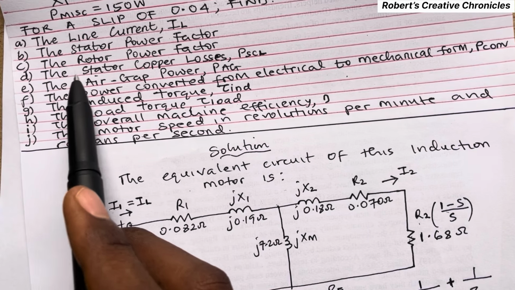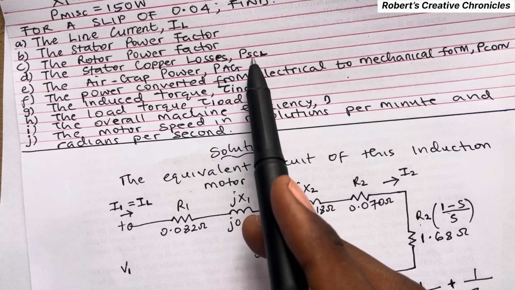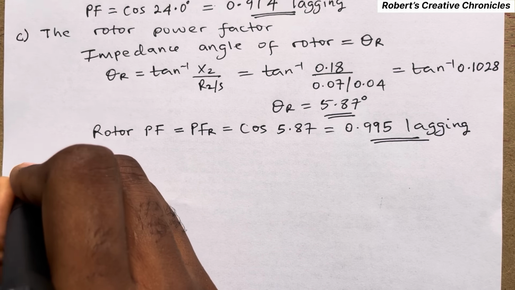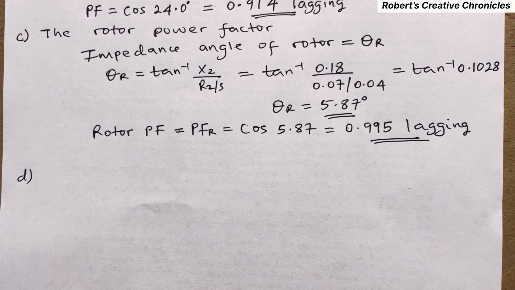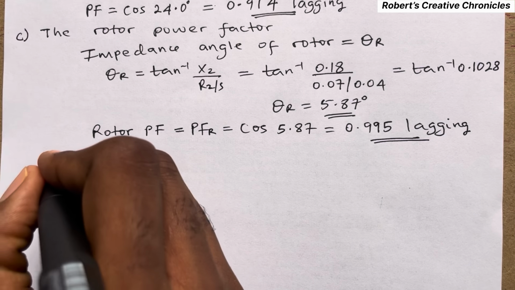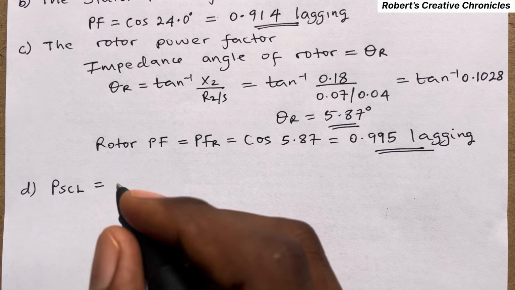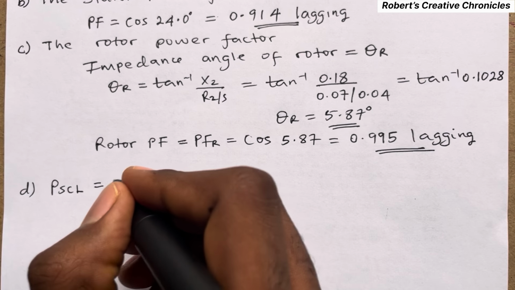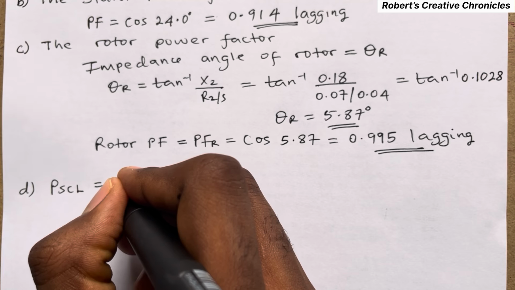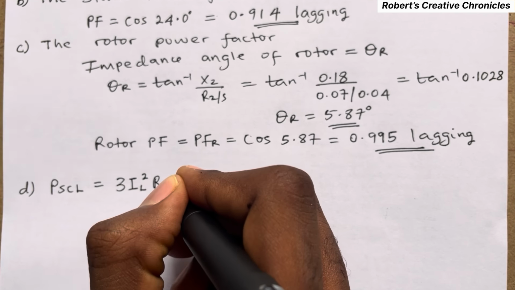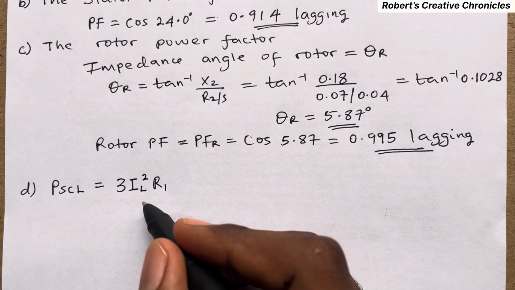So next is to find D, the stator copper losses, which is PSCL. The stator copper loss is given by this formula: 3 IL square R1. This IL is the line current.